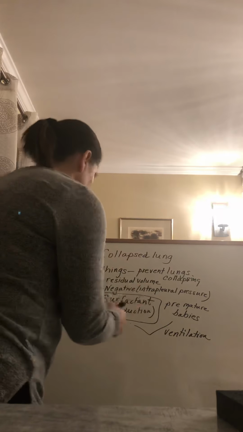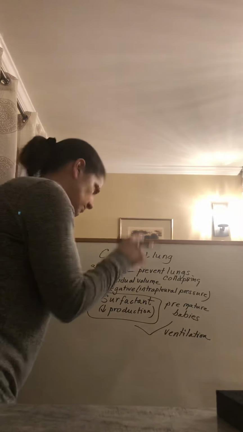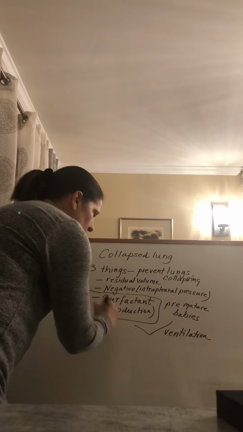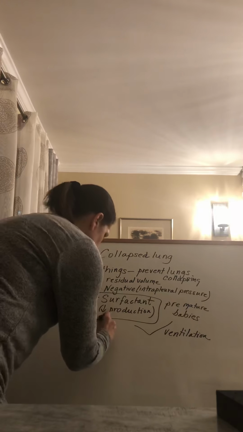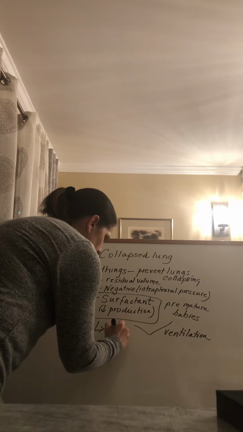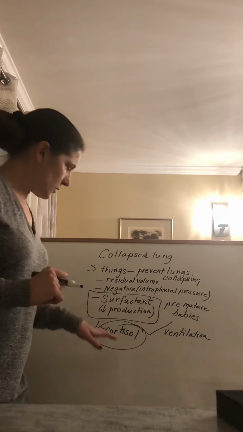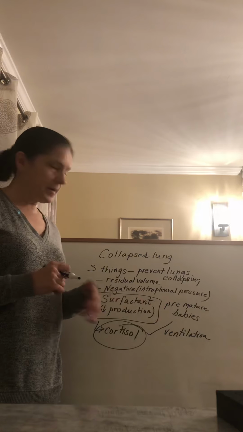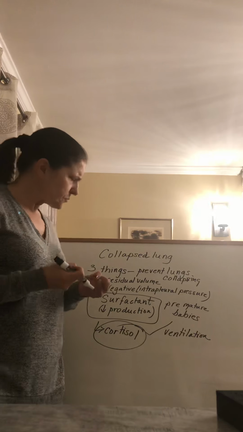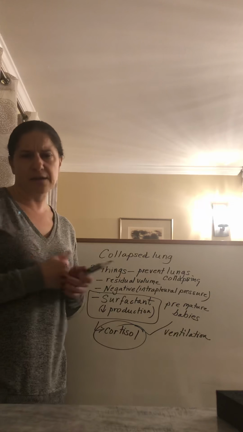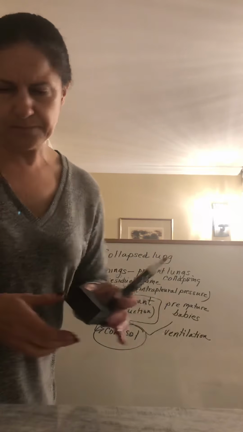The hormone we discussed weeks ago that will stimulate surfactant production is cortisol. And so you could administer corticosteroids to our premature baby to get them to start making surfactant on their own, negating the need for ventilation.